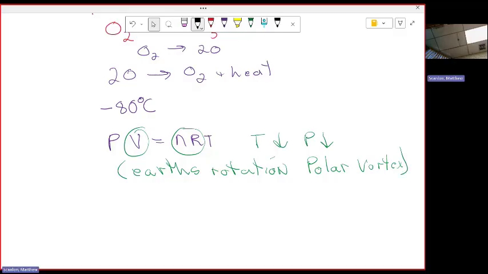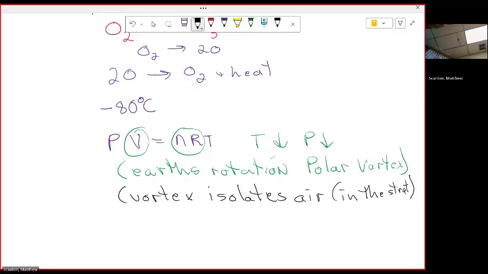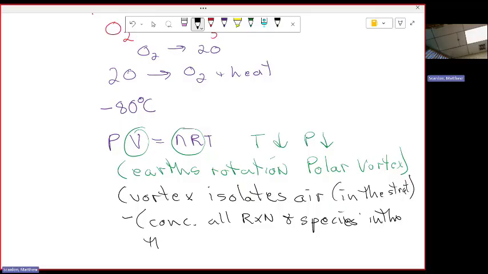And so this vortex isolates the air in the stratosphere. Therefore, we're going to concentrate all reactions and species in the vortex, which is occurring above the Antarctic.